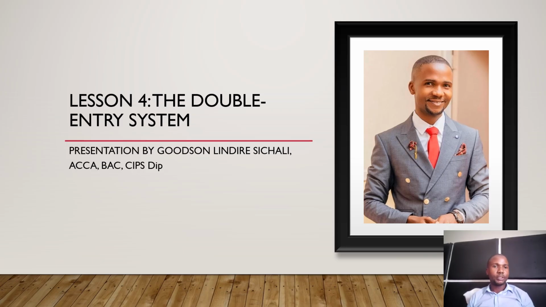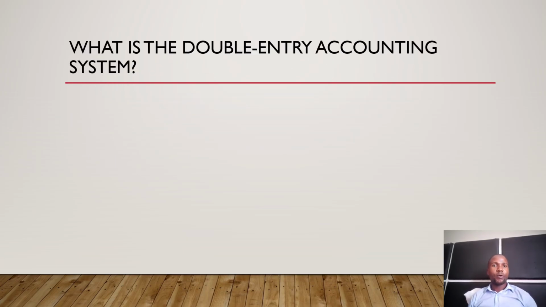So welcome and enjoy. What is the double entry accounting system? By now, you might have already come across this one. In our previous lesson, we were talking about the accounting equation, which had the components of assets, liabilities, equity or capital, and we talked about the expenses and revenue. What we said was the accounting equation forms the basis of the double entry system.